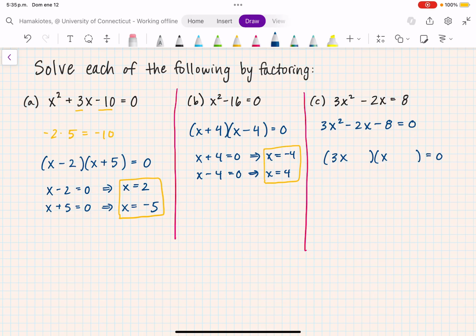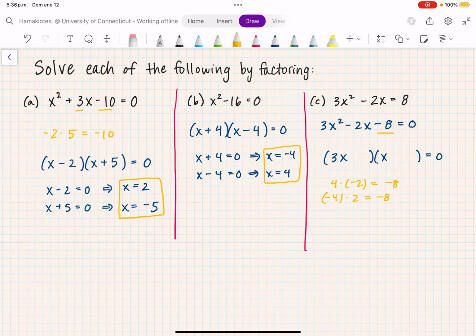So first we want to find two numbers that multiply to minus 8. So we can have 4 times minus 2, which is minus 8, or we can have minus 4 times 2, which is also minus 8. Now we want to get something that's going to multiply with 3 and add to get minus 2.